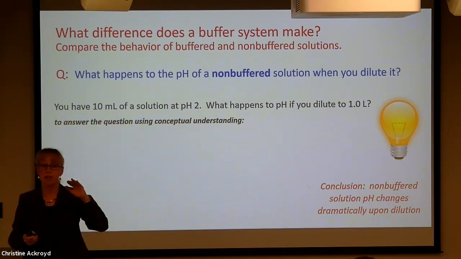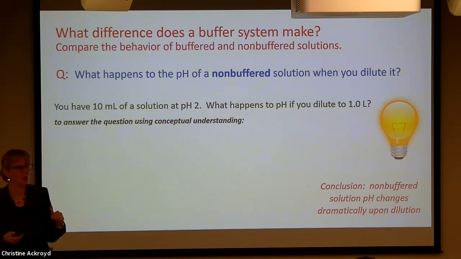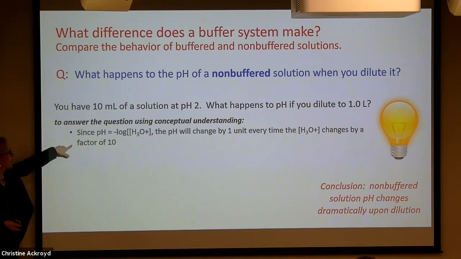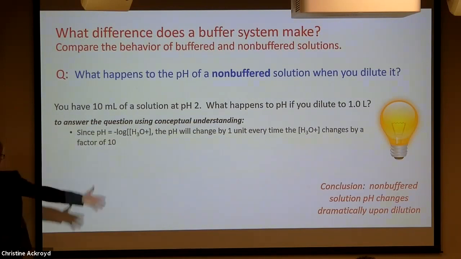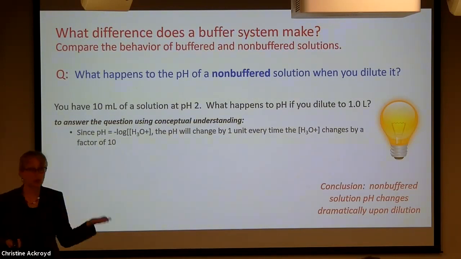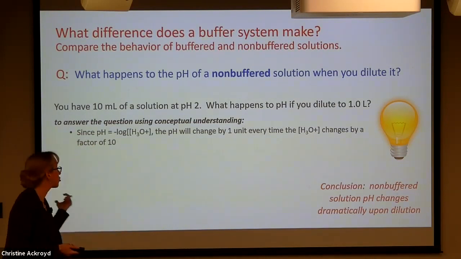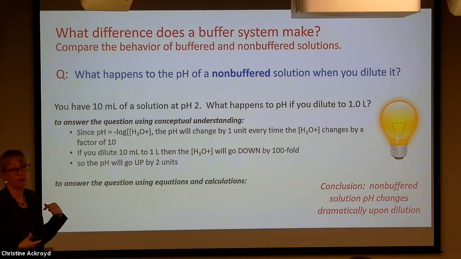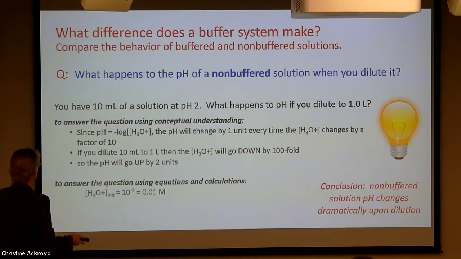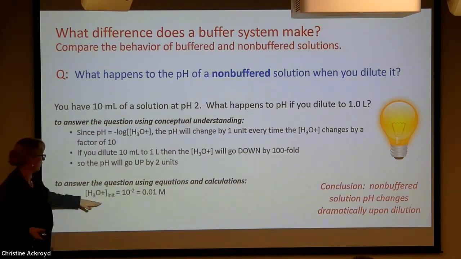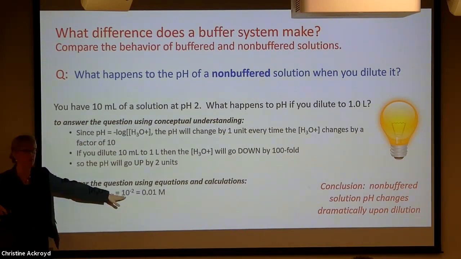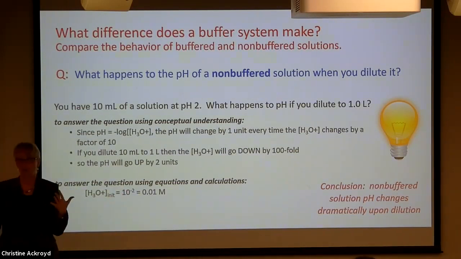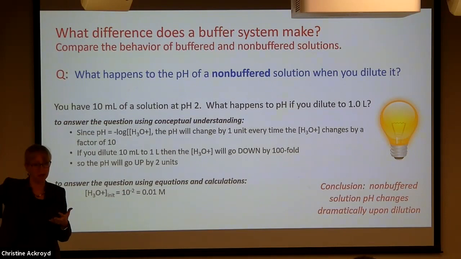And the one pH unit corresponds to a 10-fold change in hydronium. Okay, so every time you dilute 10-fold, your hydronium concentration is going to change 10-fold. So we would go from pH 2 to pH 4. Okay, we could also use math to answer that. We could say your initial hydronium concentration from the pH is 10 to the minus 2 or 0.01 molar. And we did that by taking the hydronium concentration equals 10 to the minus pH. Okay.